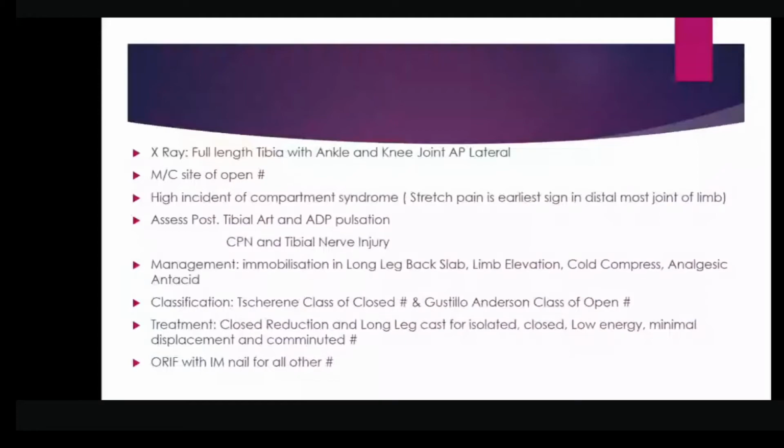Only one other bone can be palpated like this, that is the ulna. Ulna is almost a subcutaneous bone. Treatment again, conservative, operative. Operative treatment for long bone, lower limb, intramedullary interlocking nail.